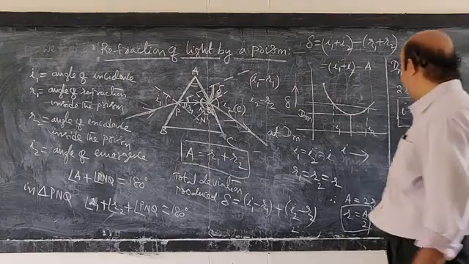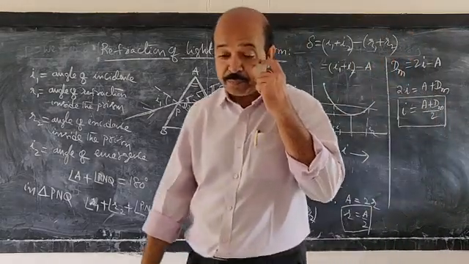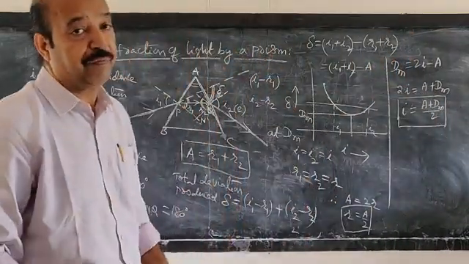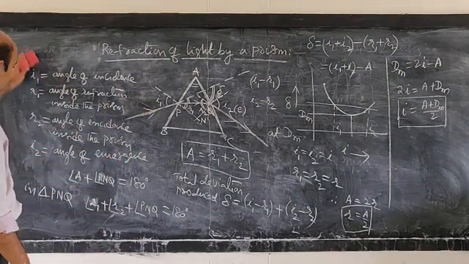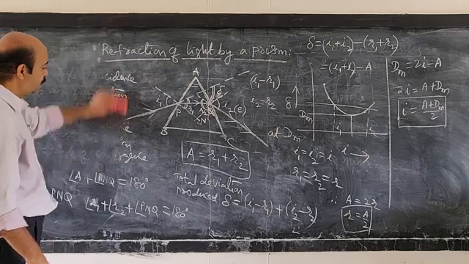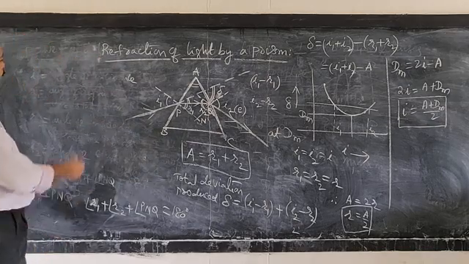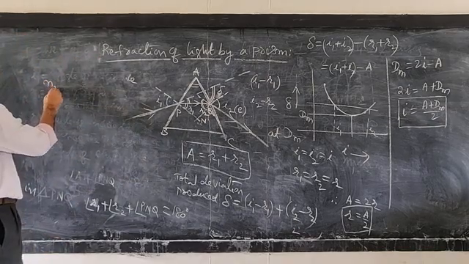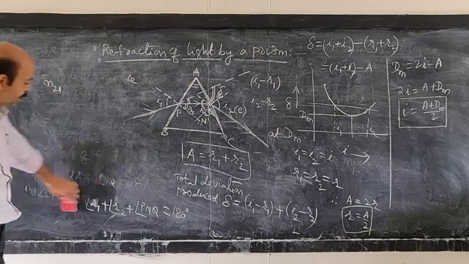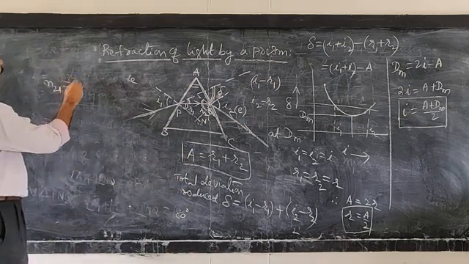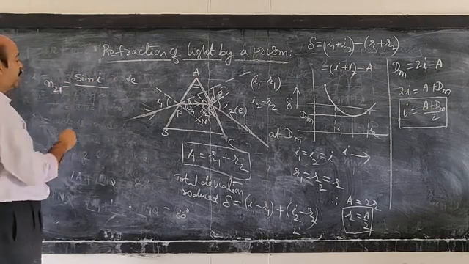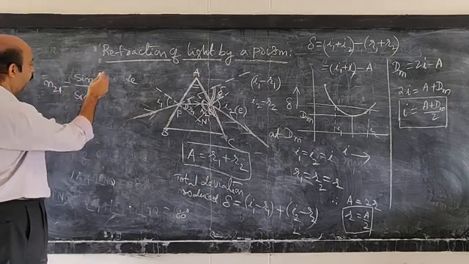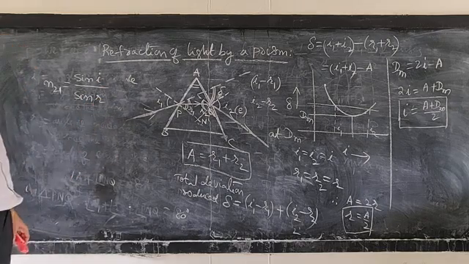Now we can use Snell's law of refraction to find the formula for refractive index. So what is Snell's law? According to Snell's law, refractive index of the second medium with respect to the first medium is given by sine of angle of incidence in the first medium by sine of angle of refraction in the second medium.